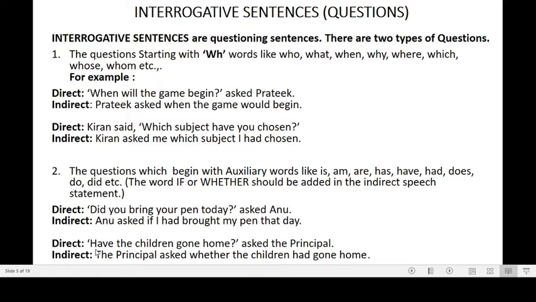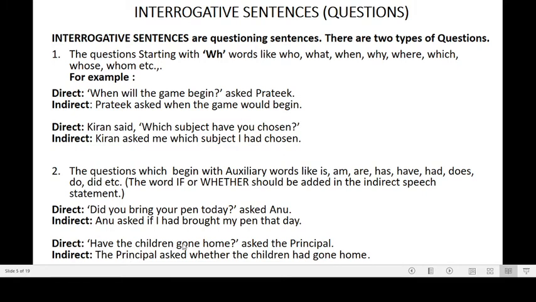Let's look at another example. "Have the children gone home?" asked the principal. This is also a yes or no question because the question has started with the helping verb have and it is ending with a question mark. So while reporting the interrogative sentence, we have to use asked and we have to use the word if or whether immediately after that. Here the word whether is used, and the children comes first and the helping verb comes after.